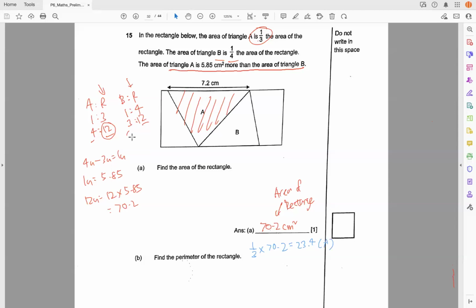Okay, so this is the area of triangle A. We know that triangle A has a base of 7.2. So half times the base of the triangle, multiplied by the height of triangle A, which we do not know, should be equal to 23.4.